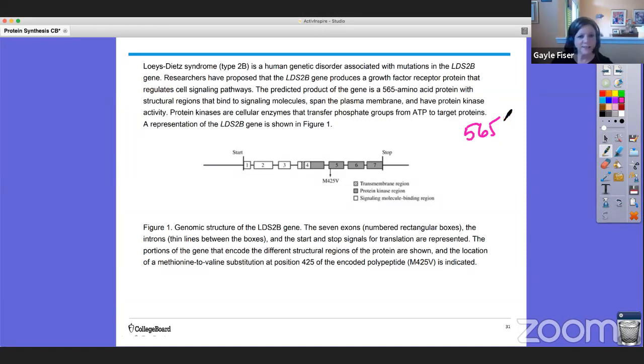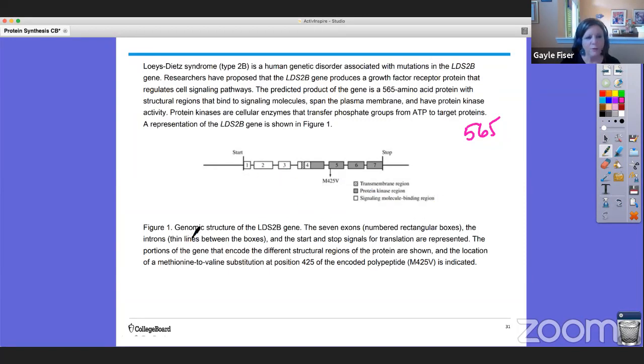Protein kinases are cellular enzymes that transfer phosphate groups from ATP to target proteins. A representation of the LDS2B gene is shown in figure 1. So we can see that we have a start to our gene and a stop, and we have a transmembrane region and some kinase regions in this dark shaded, and then in the lighter is signaling molecules.